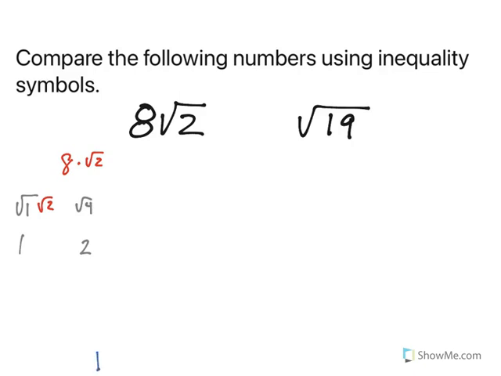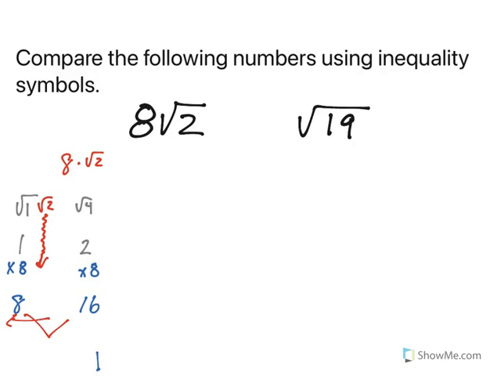That means if I multiply by 8, 8 square root of 2 is going to be somewhere between 8 and 16. My answer is going to be somewhere in here, and because the square root of 2 is closer to the square root of 1, it's probably going to be on this side, so 12 or under. But somewhere between 8 and 16. Let's just start with that idea.